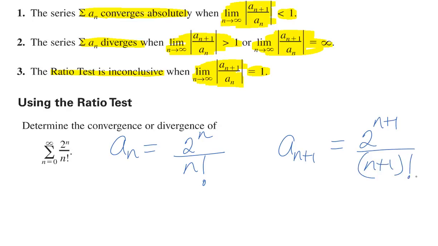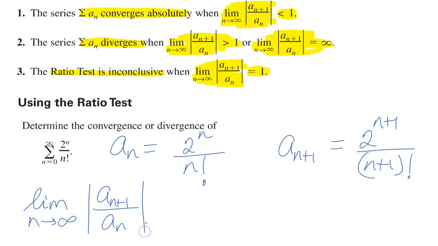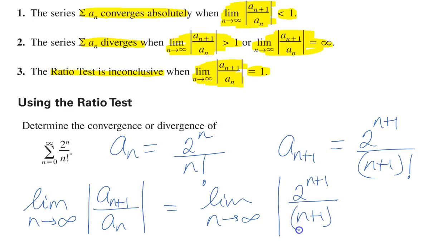To determine the convergence or divergence by the ratio test, you have to find the limit as n goes to infinity of the absolute value of a_(n+1) over a_n. That is the limit as n goes to infinity of 2 to the power n plus 1 over (n plus 1) factorial, divided by a_n, flip it, that's n factorial over 2 to the power n.